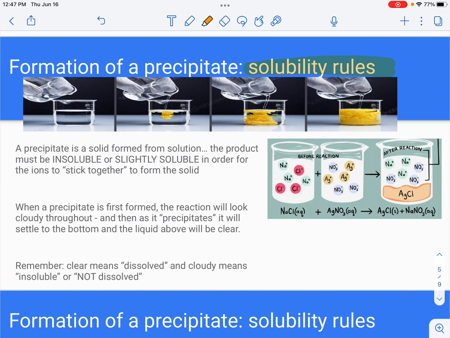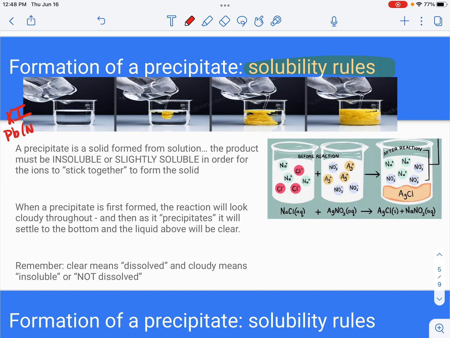So we can look at this as we're looking and see what's happening here. The reaction that I have this picture of here would be lead nitrate and potassium iodide.